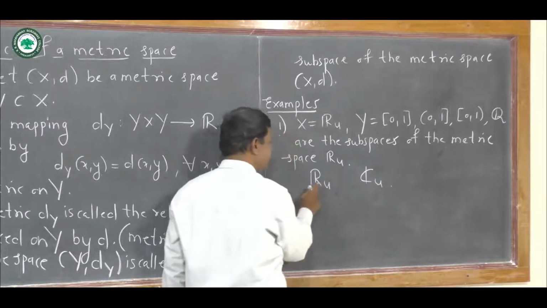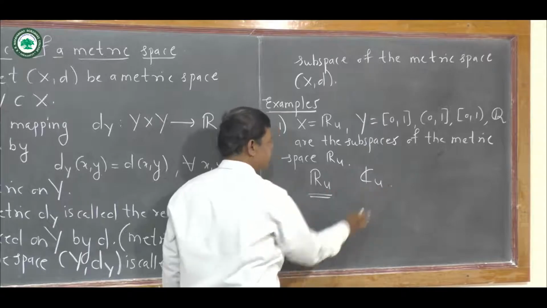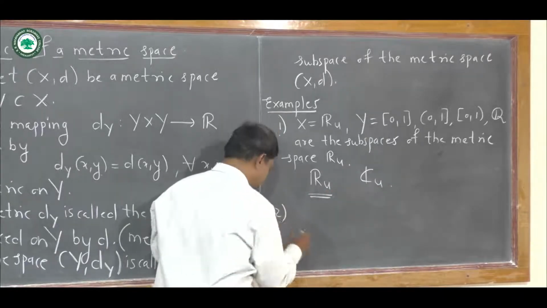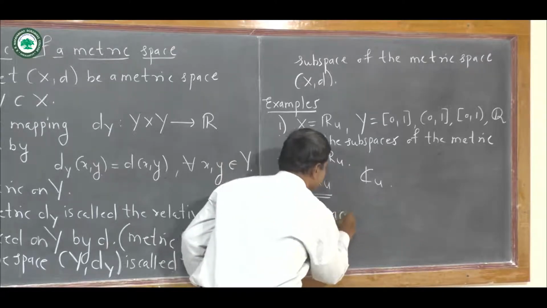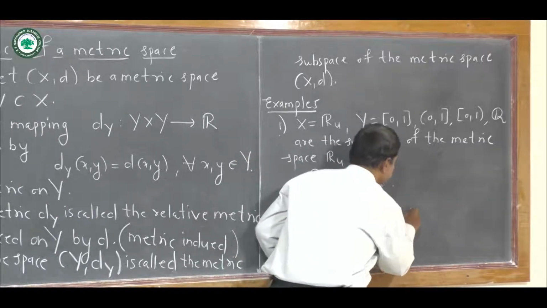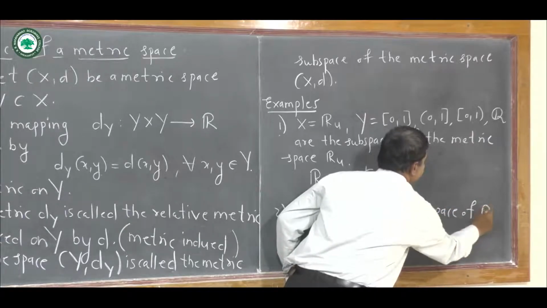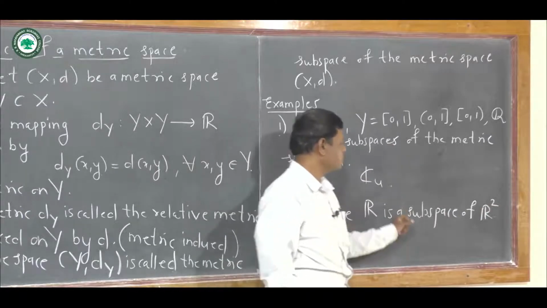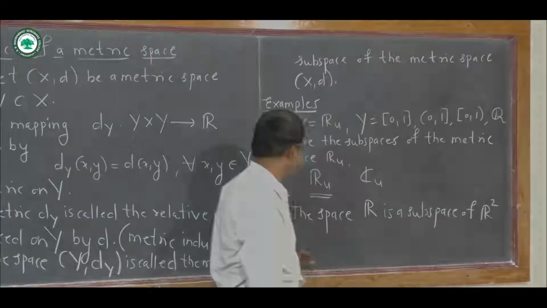The second example is that the space R is a subspace of R2. It means that this set of real numbers is again a subspace of R2, where R2 is R cross R.